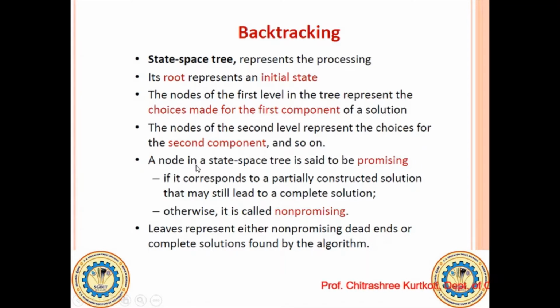A node in a state space tree is said to be promising if it corresponds to a partially constructed solution that may still lead to a complete solution. Otherwise, it is called non-promising.